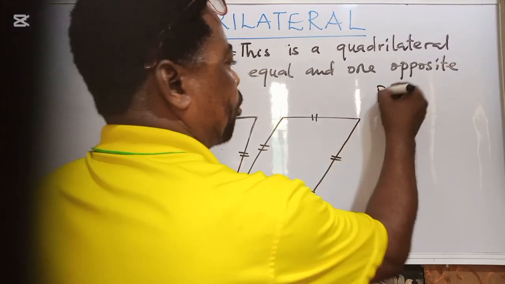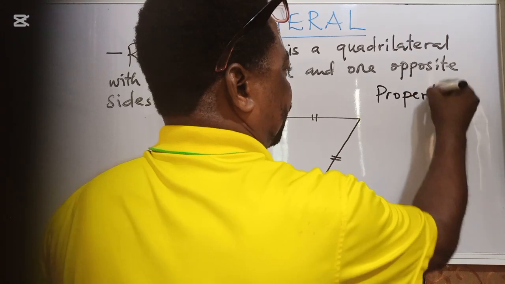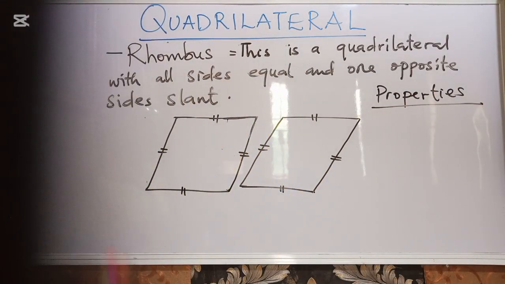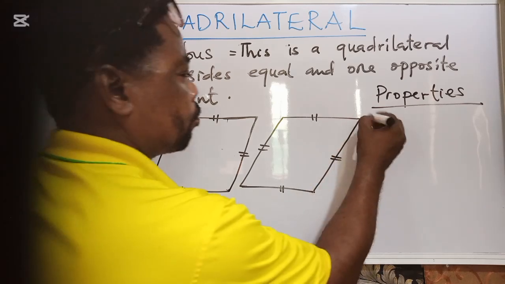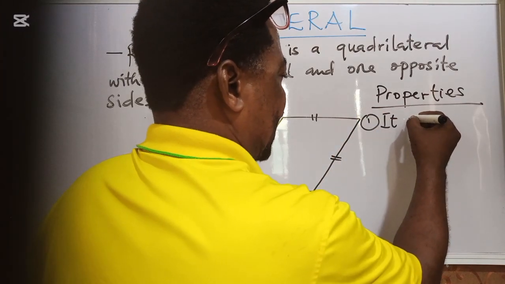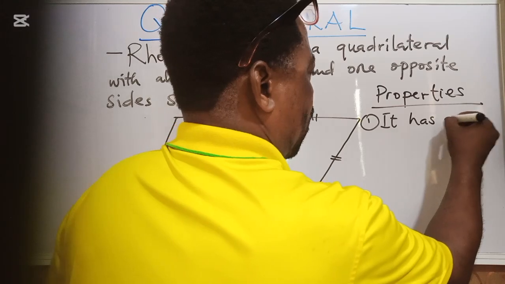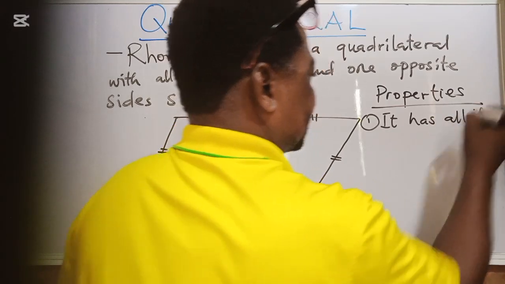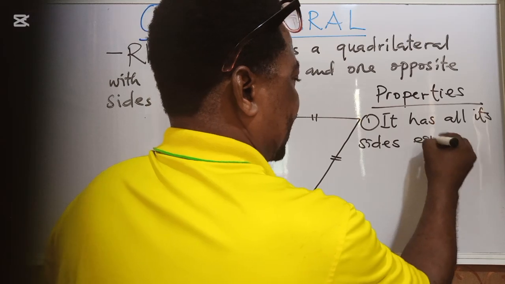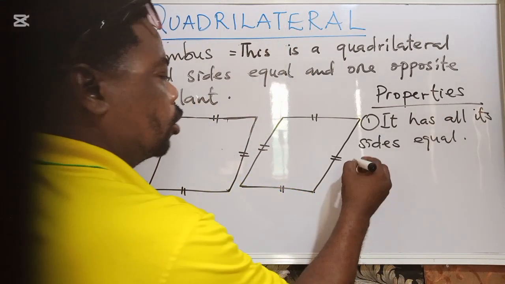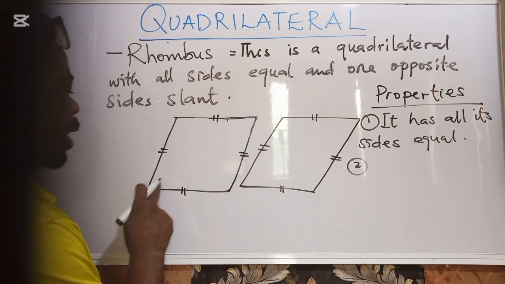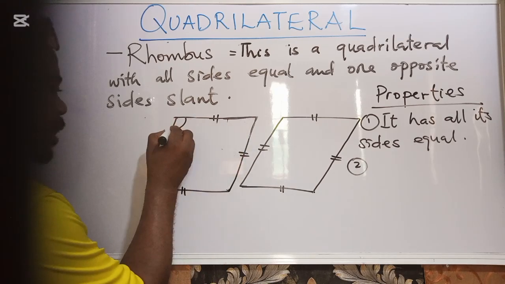Now let's talk about the properties of rhombus. Apart from the first three we have discussed concerning the general properties of quadrilateral, number one, it has all its sides equal, just like the square. Number two, each of the angles is no longer 90, because this has changed.